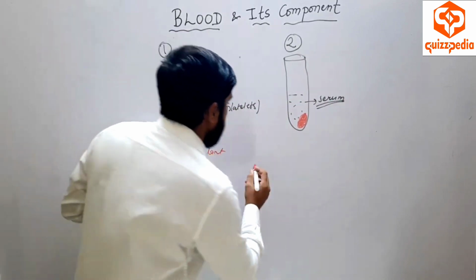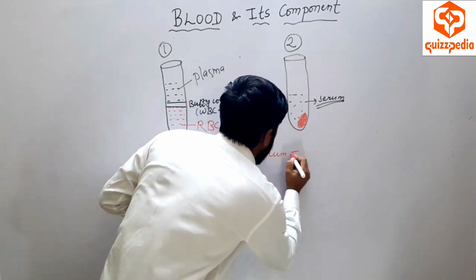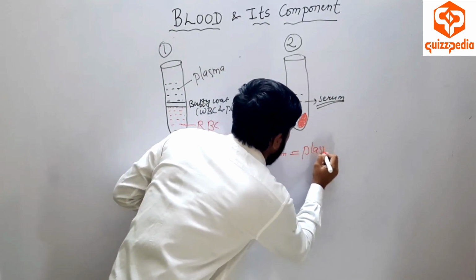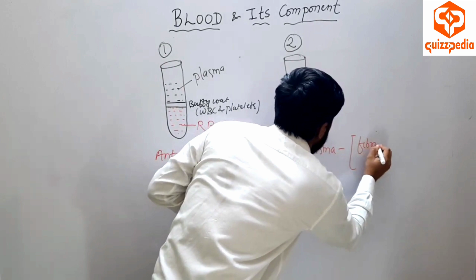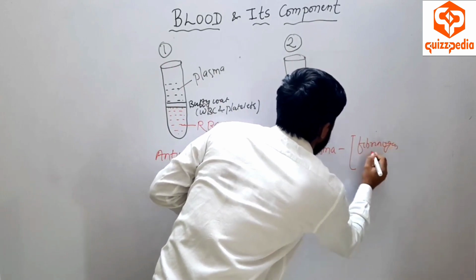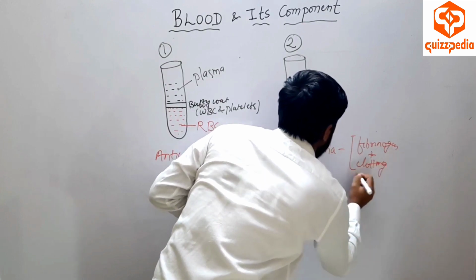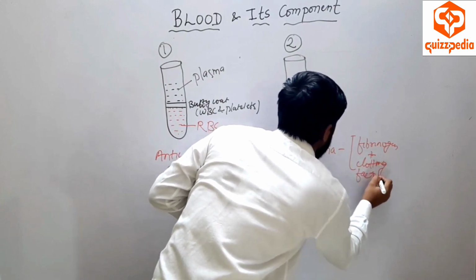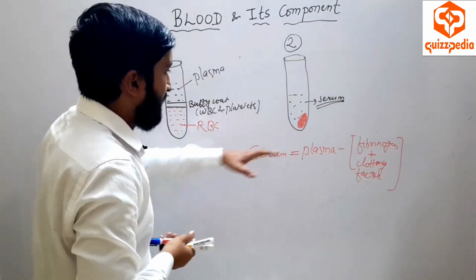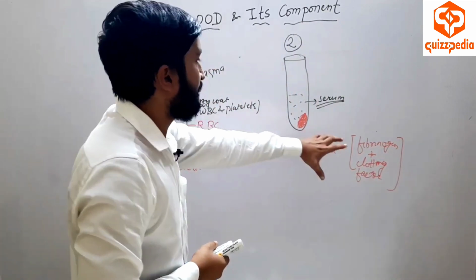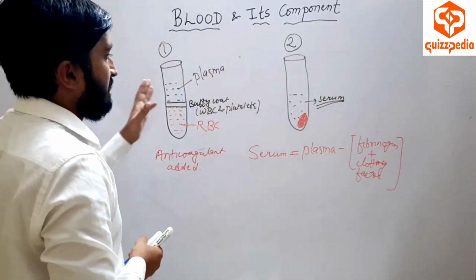Serum is plasma minus fibrinogen and clotting factors. So we have seen that the difference is of the clotting factors and fibrinogen, which, as I have said, is a plasma protein.